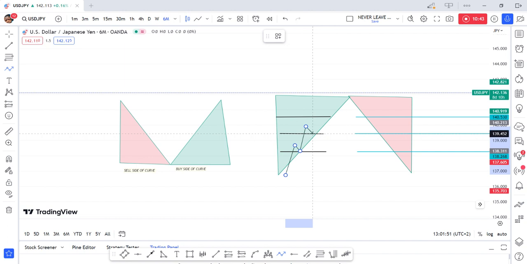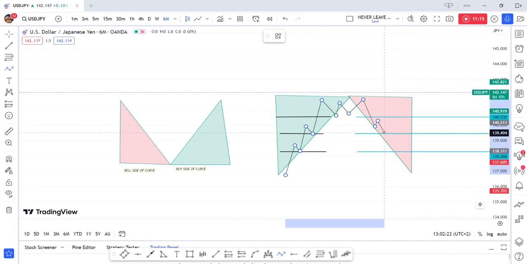Once it creates a higher high, it's going to be in until the market creates a lower high.